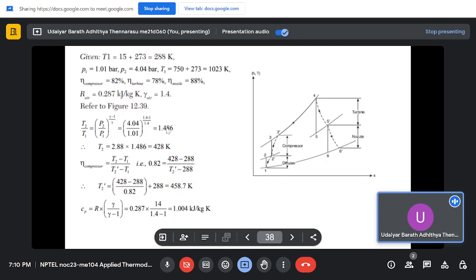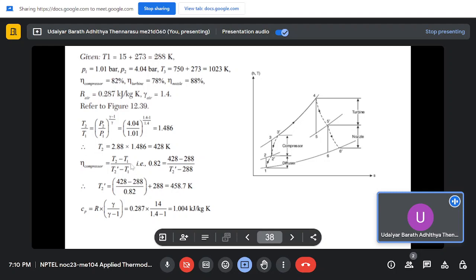The temperature ratio is 1.486, so the temperature at the exit of the compressor is 288 times 1.486, which is 428 Kelvin. This is the isentropic temperature rise in the compressor.